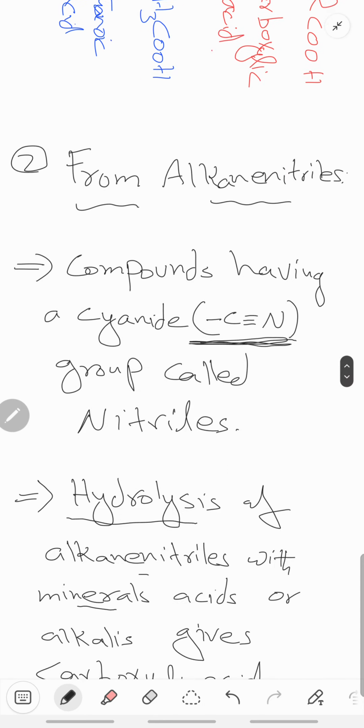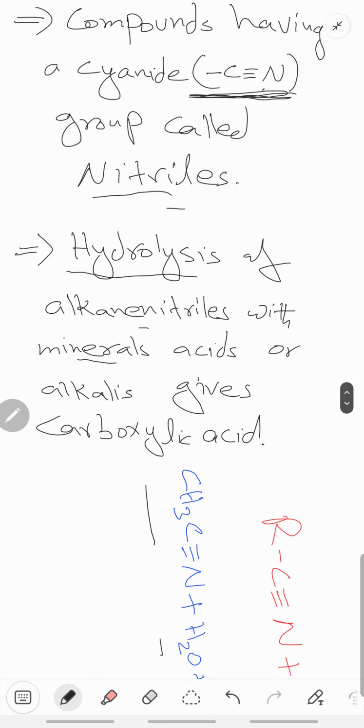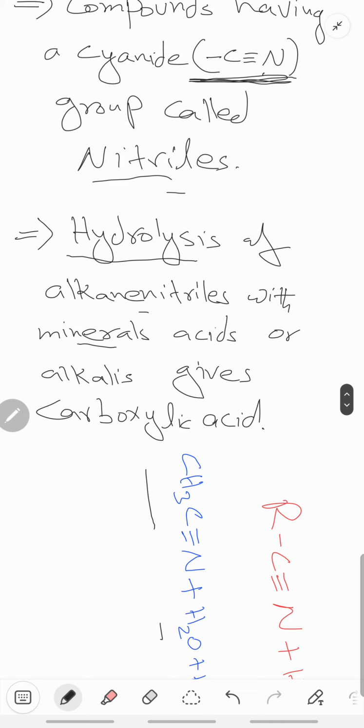And then there is another method, that is from alkane nitriles. Alkane nitriles are those compounds that contain a cyanide group, and that's called nitriles. So how do we get a carboxylic acid from alkane nitriles?